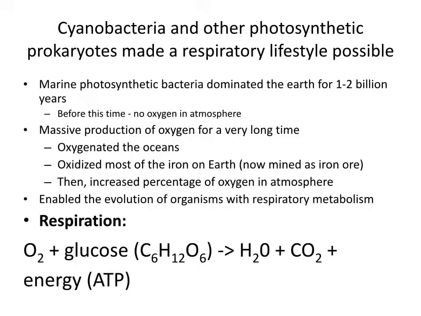Now, we're all familiar with having to breathe oxygen and exhaling CO2. But that lifestyle is not possible unless there's oxygen in the atmosphere. And the oxygen was put in the atmosphere by photosynthetic prokaryotes and is continually put there by these prokaryotes as well as plants, which have chloroplasts, which evolved from cyanobacteria, as we'll talk about next lecture.